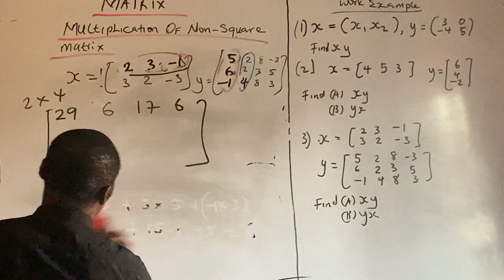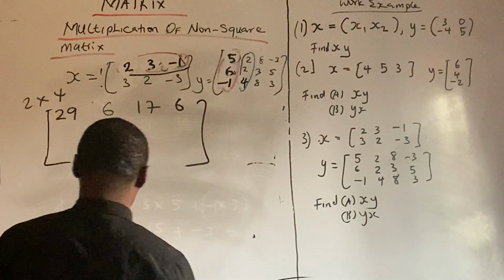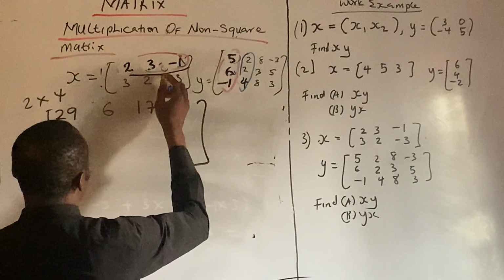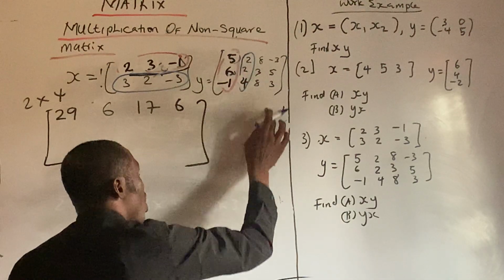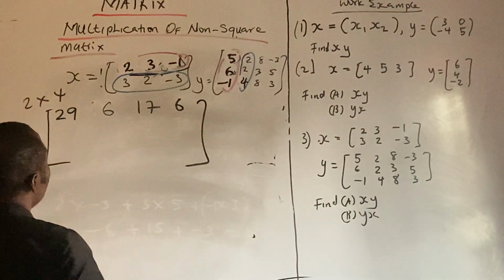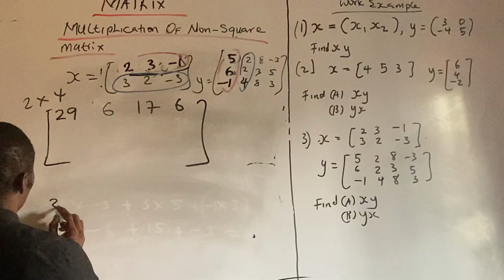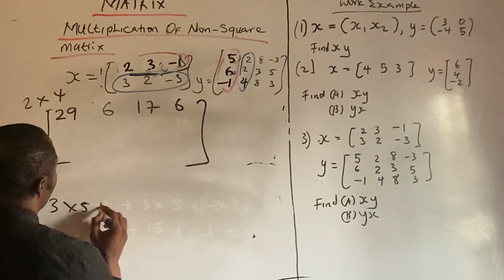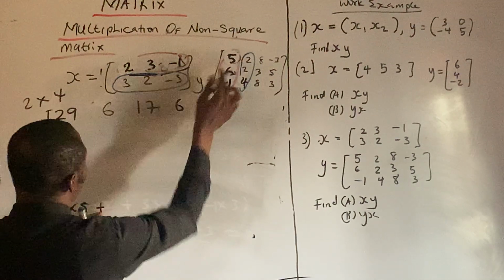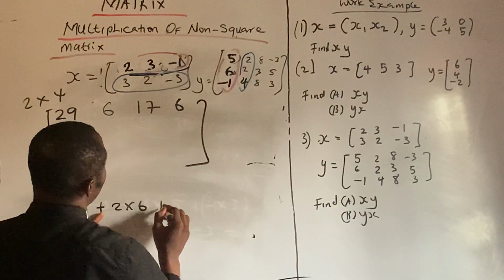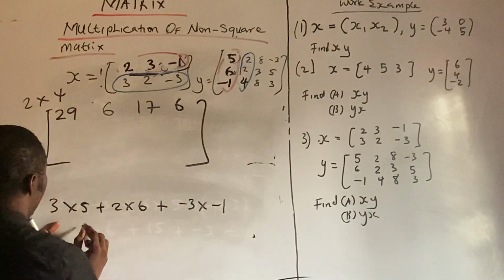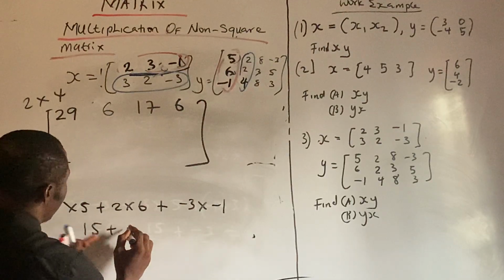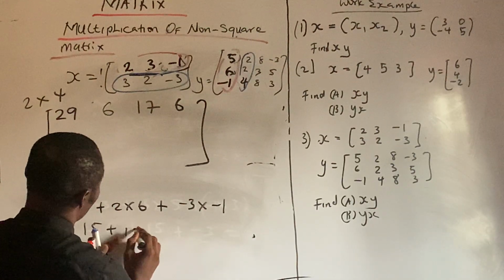All right, let's go to the next one. The next one is that we are taking all this row and we're multiplying it one after the other. Let's start with the first one. The first one says 3 times 5 plus, let's get a little bit faster, 2 times 6 plus minus 3 times minus 1. 3 times 5 is 15. 2 times 6 is 12.